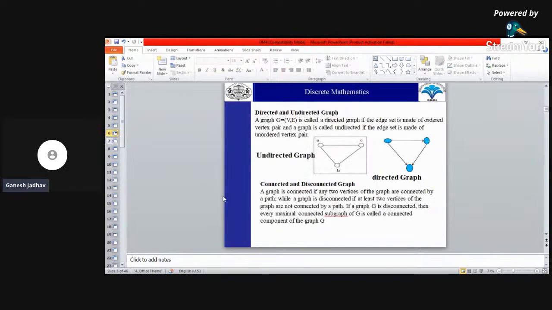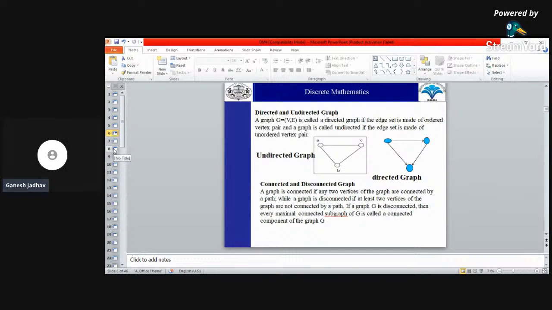A graph is connected if any two vertices of the graph are connected by a path, while it is disconnected if at least two vertices of the graph are not connected by a path. If G is disconnected, then every maximal connected subgraph is called a connected component of the graph G. Here you can see the difference between connected and disconnected graph.